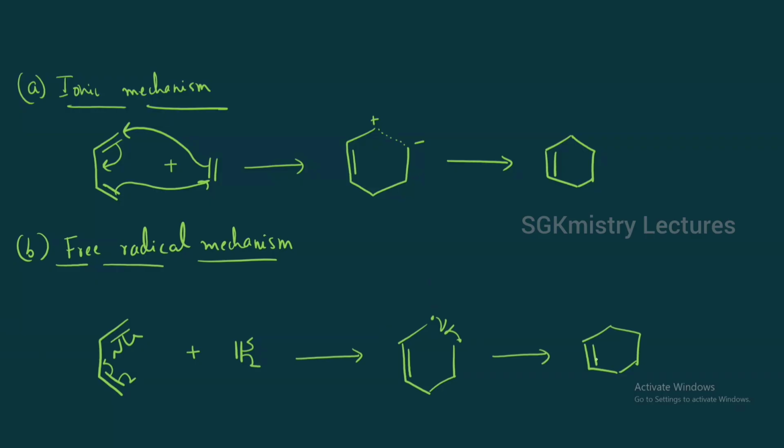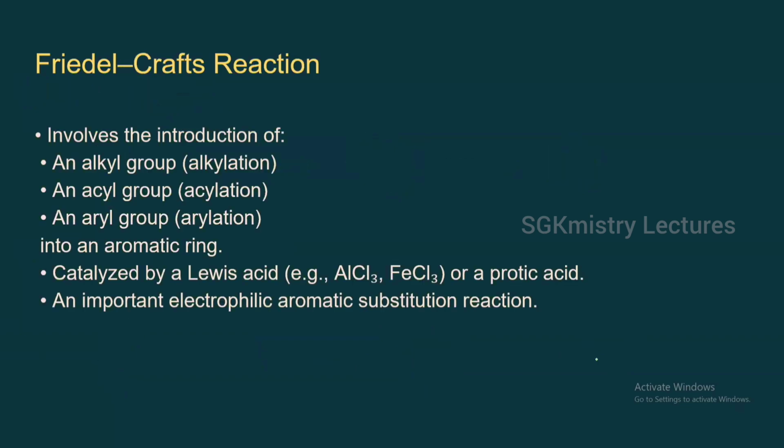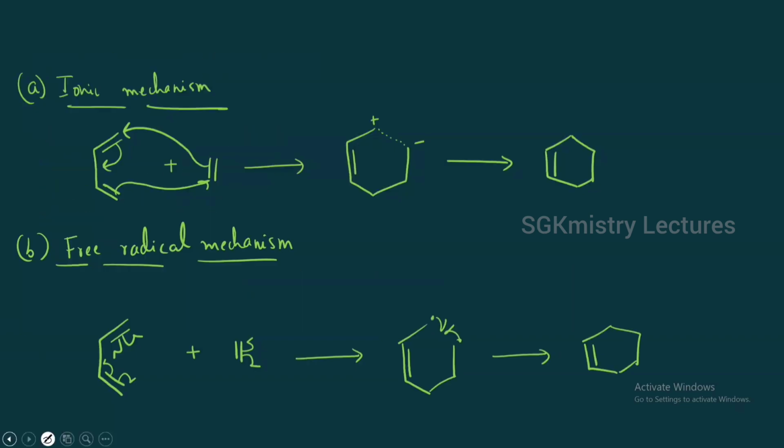Now let us look into the most commonly followed mechanism, that is the concerted mechanism. So let me write it here itself. Concerted mechanism. So we have the conjugated diene, along with that we also have this, right?